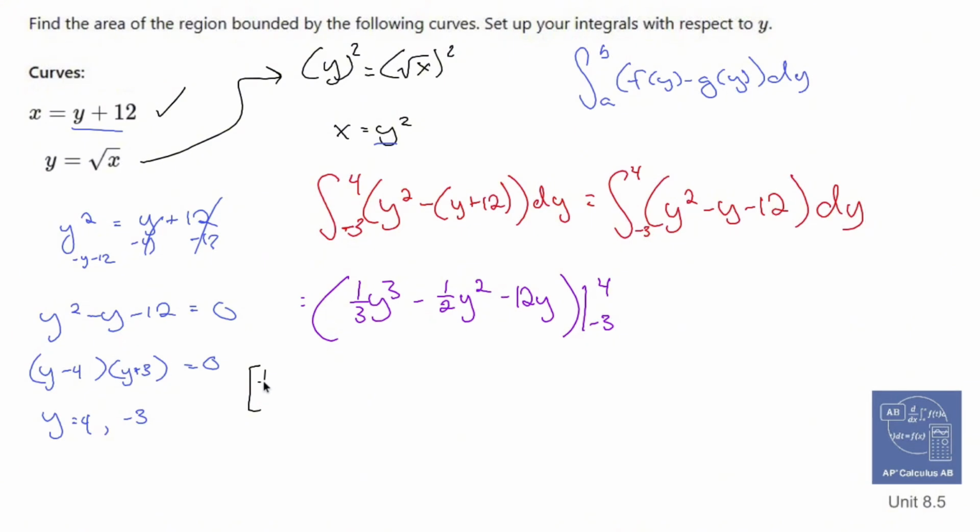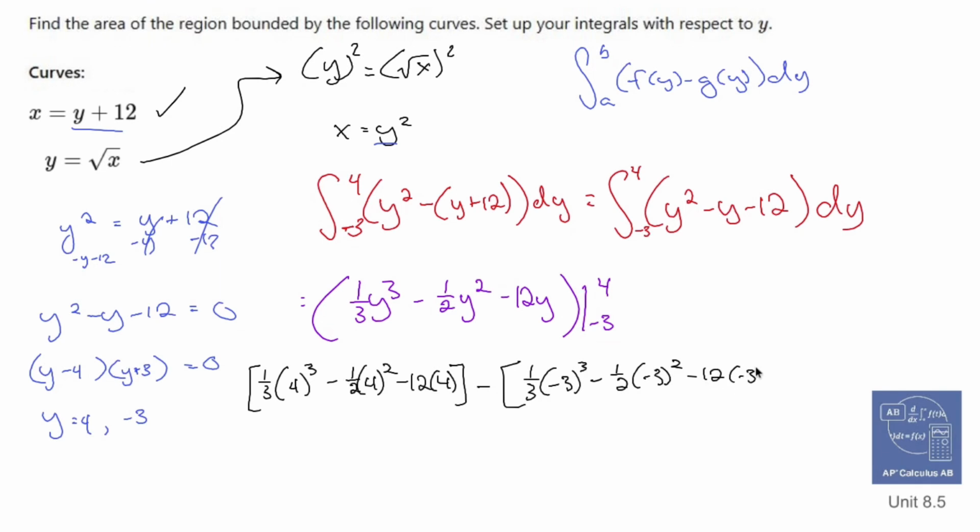All right, so 1/3 of 4 cubed minus 1/2 of 4 squared minus 12 times 4, minus 1/3 of negative 3 cubed minus 1/2 of negative 3 squared minus 12 times negative 3.